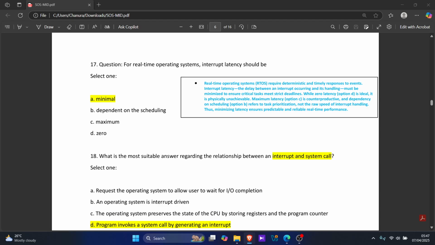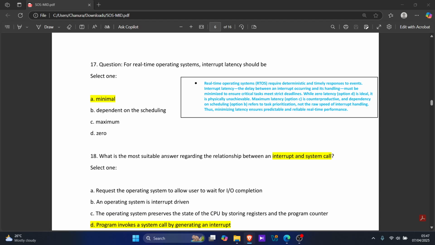Okay, so the question is about real-time operating systems and interrupt latency. The options are A minimal, B dependent on the scheduling, C maximum, D 0. Let me think. I remember that real-time operating systems are designed to handle tasks with strict timing constraints. They need to respond to events very quickly.